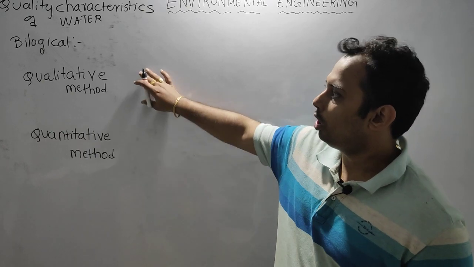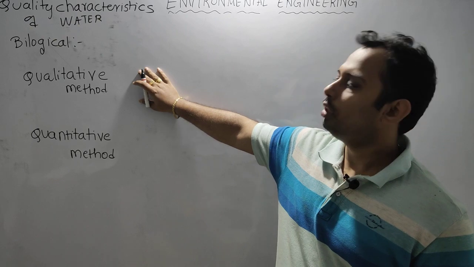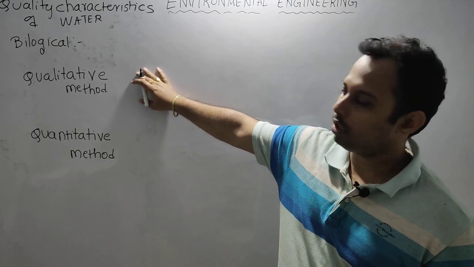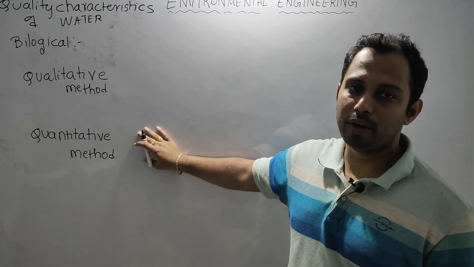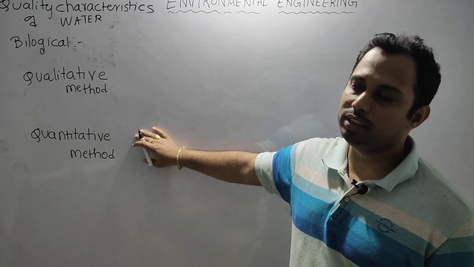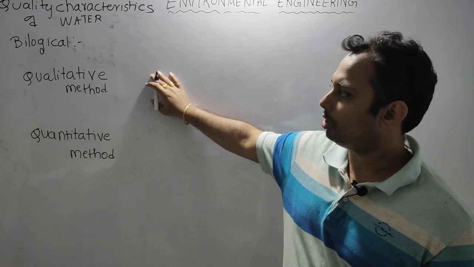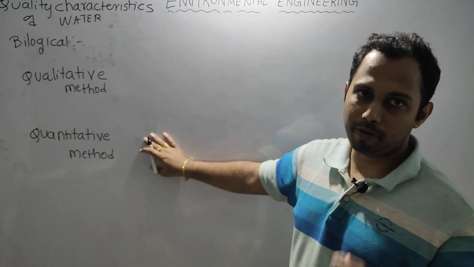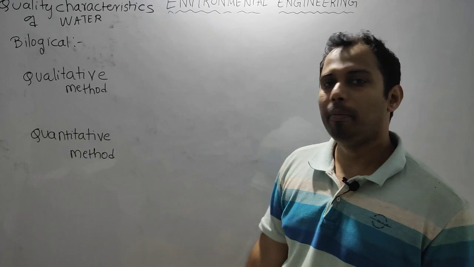Here we can only find whether the microorganisms are present or not. Here we can determine the concentration also. This is a preliminary examination, and this is a perfect identification of the microorganism.